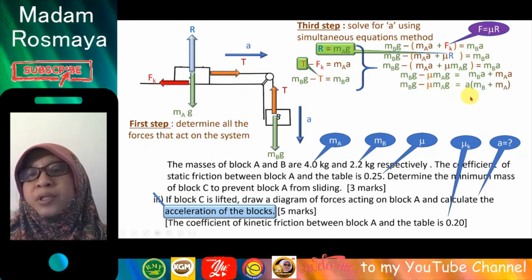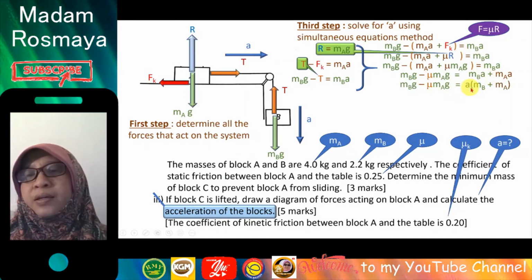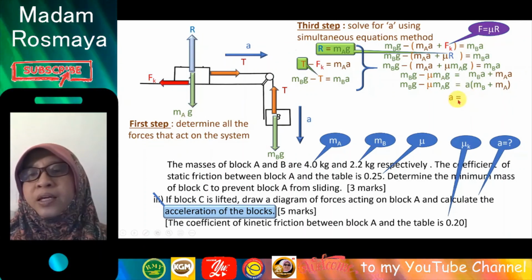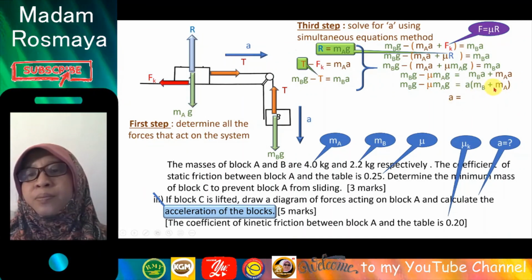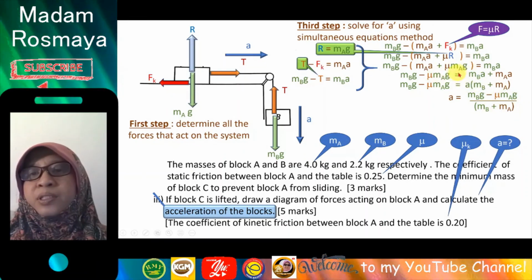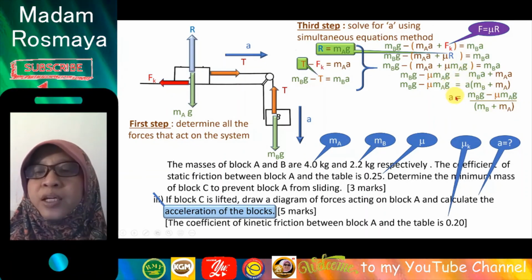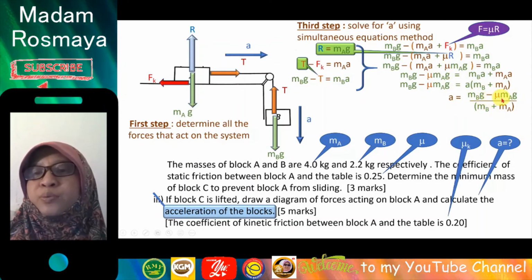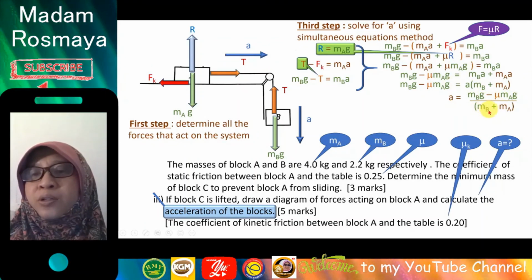Next we factor out A. So A equals, bring this to the left side, MBG minus mu MAG over MB plus MA. So we get A equals MBG minus mu MAG per total of MB plus MA.